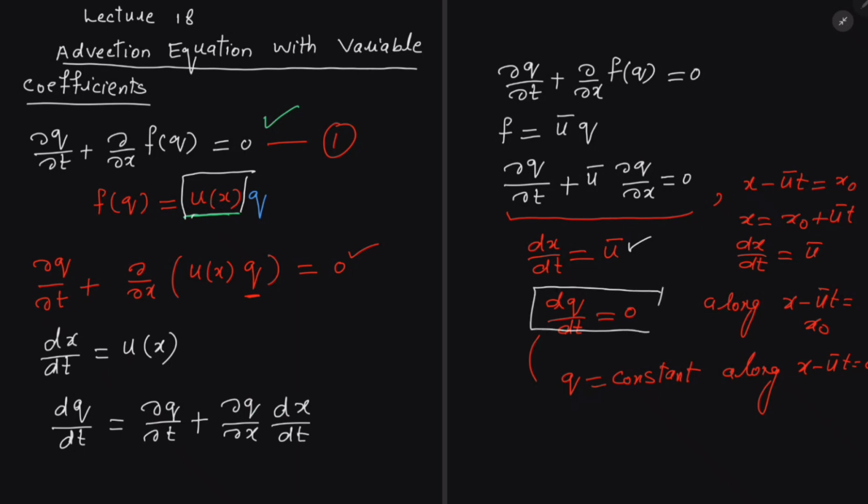Now you can see that this is partial q by partial t plus u of x, where dx by dt is u, a function of x, times partial q by partial x.